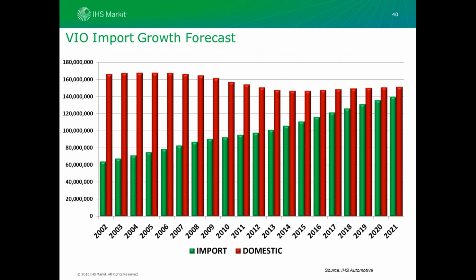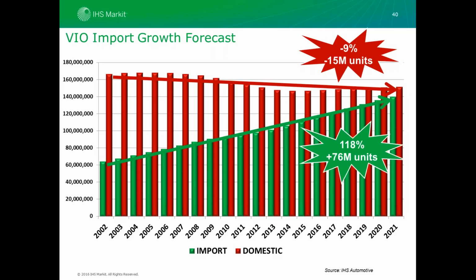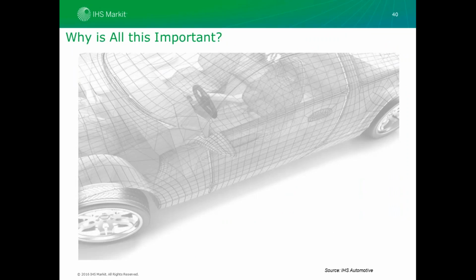And when you combine everything together, cars and light trucks, you've got domestics down about 9%, 15 million units fewer. Imports up 118%, 76 million additional import units when you're looking at 2002 versus 2021. So a huge trend, and obviously it gives some real reasons behind why the import vehicle market is really doing well.